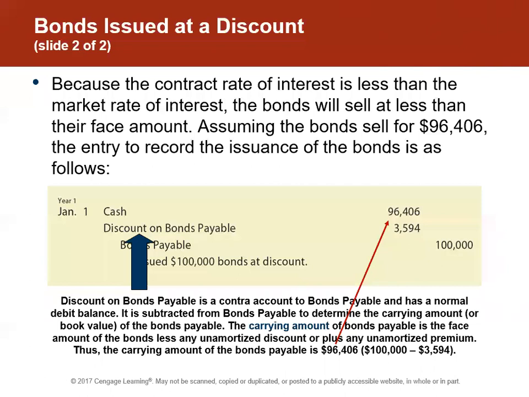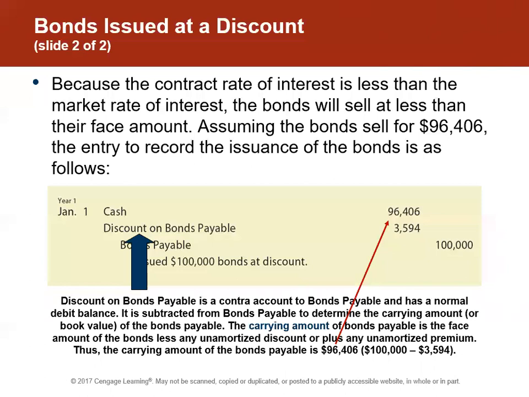It's a contra account, a contra liability or contra bonds payable account. Payable liability accounts normally increase on the credit side. This is a contra account, so discount on bonds payable increases on the debit side. So it's normally going to have a debit balance. So we calculated that. That's the discount amount.